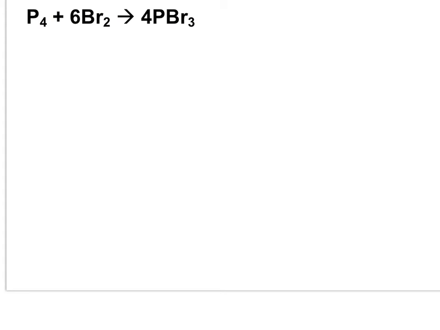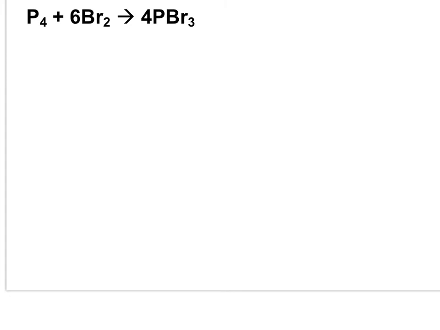Let's take a look at this chemical equation. In this chemical equation, the reactants are P4 and Br2, and it produces PBr3. So the number in front tells us the coefficient. In front of P4, there's no coefficient being shown, so that tells us that's a 1.